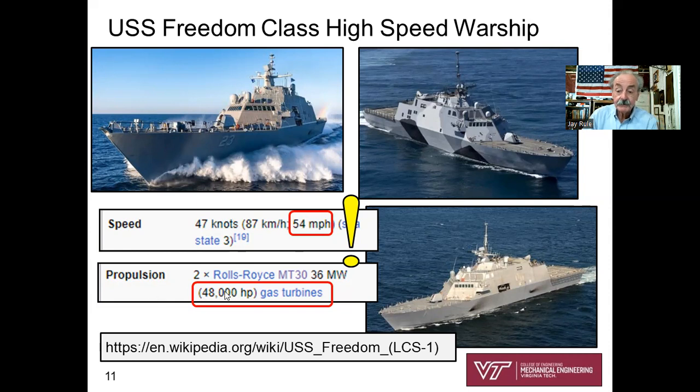Well, the presenter, the Virginia Tech graduate, mentioned that one of his major projects was the design and implementation of two Rolls-Royce gas turbine engines, each of them rated at 48,000 horsepower. That's just incredible to me. 48,000 horsepower per engine times two.